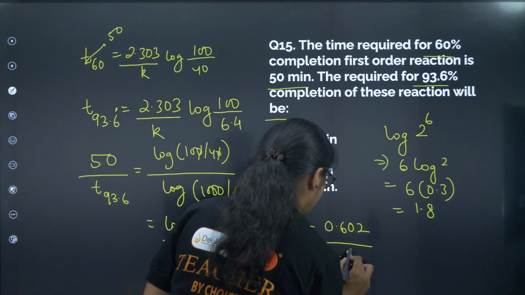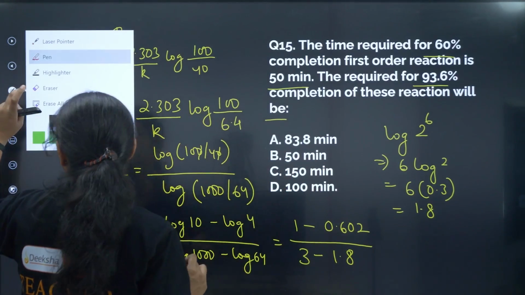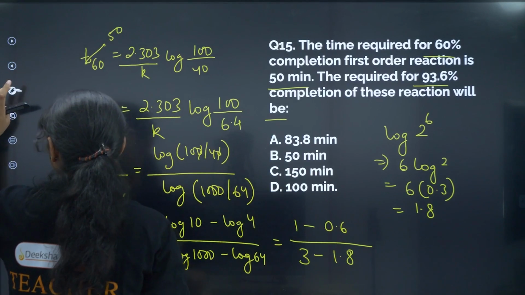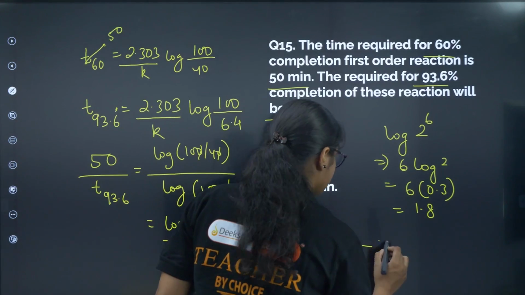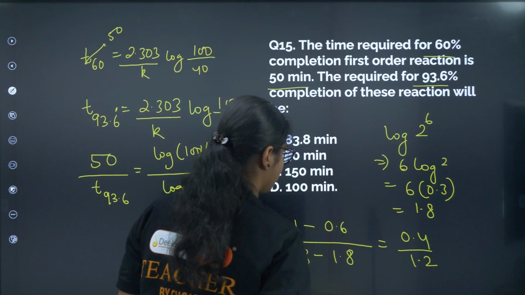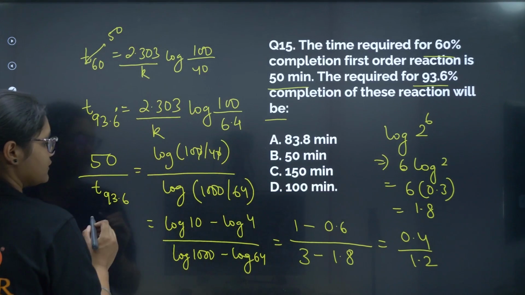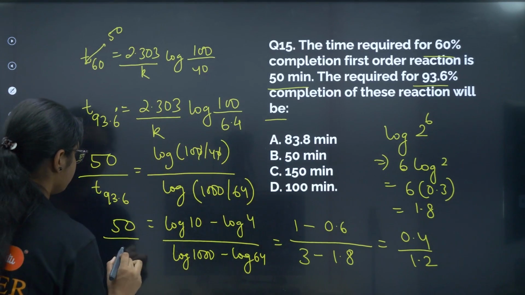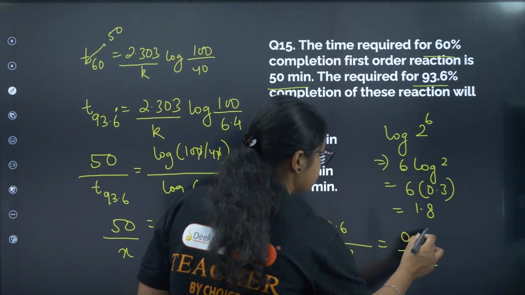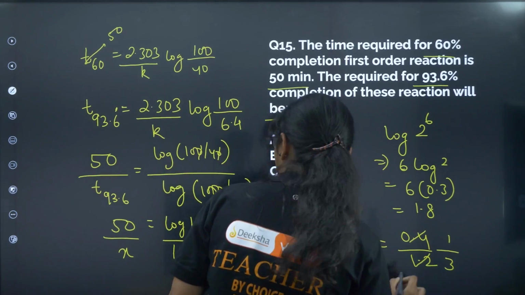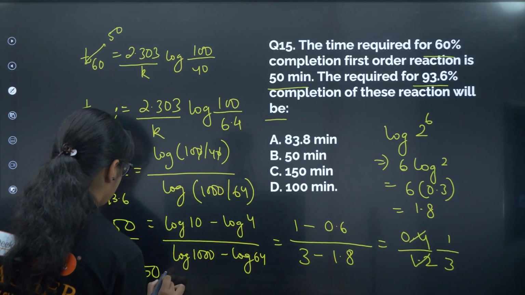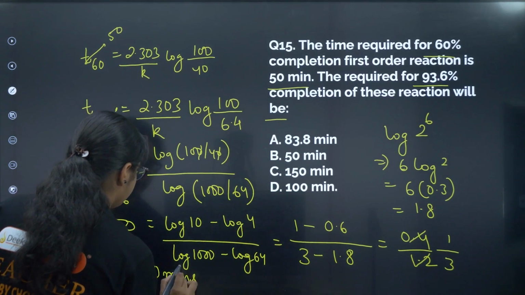So 1.8, and here also for easy calculation we'll take it 0.6. So how much will I get if we solve this part? 1 minus 0.6 will be 0.4, and 3 minus 1.8 will be 1.2. So I got the ratio 50 by T93.6 is equal to 0.4 by 1.2, that is 1 by 3. So x will be equal to 150 minutes.